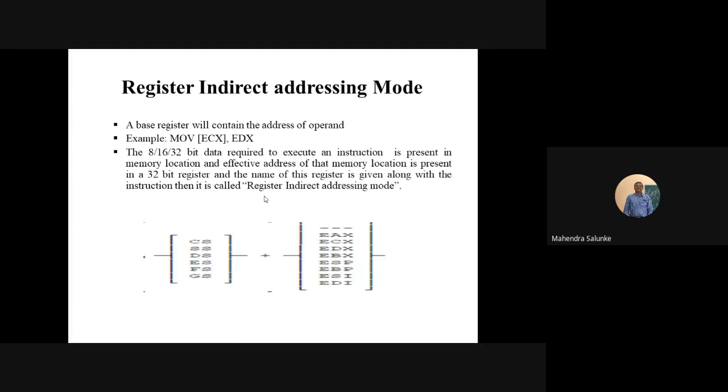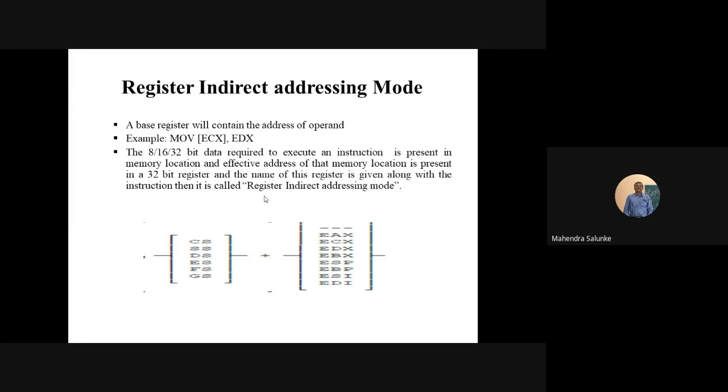Then the register indirect addressing mode. Very interesting one. Here in this case, the base register will contain the address of the operand. So one register will be used as a pointer. Here you can see all 8 registers: EAX, EBX, ECX, EDX, ESI, EDI, ESP, and EBP.